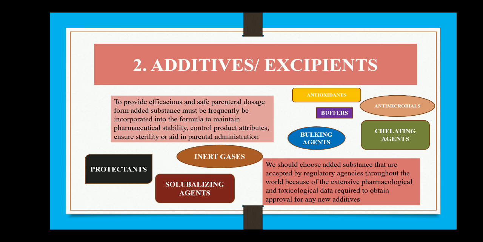So we should choose added substances that are accepted by regulatory agencies throughout the world because of the extensive pharmacological and toxicological data required to obtain approval for any drug or new additive. Different additives include antioxidants, buffers, bulking agents, antimicrobials, chelating agents, inert gases, protectants and solubilizing agents.